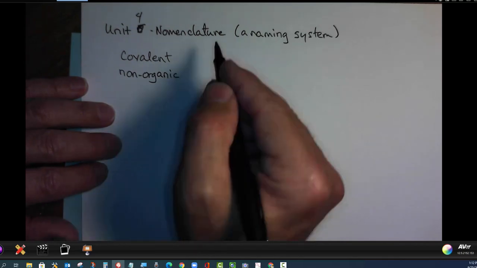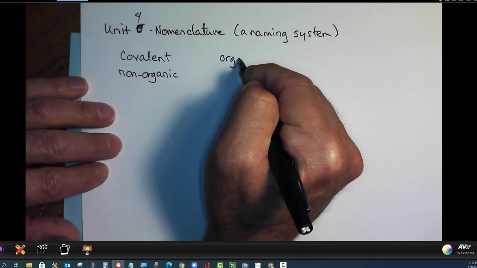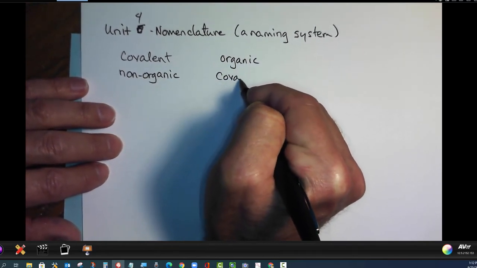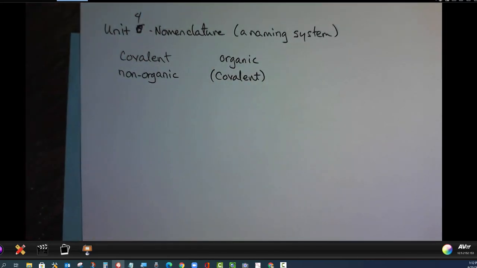There is also an organic covalent system. If you just say organic, that means covalent. Primarily, there's some ionic parts to organic sometimes, but we're not going to get into that. We're going to stick with the really, really simple stuff in organic.